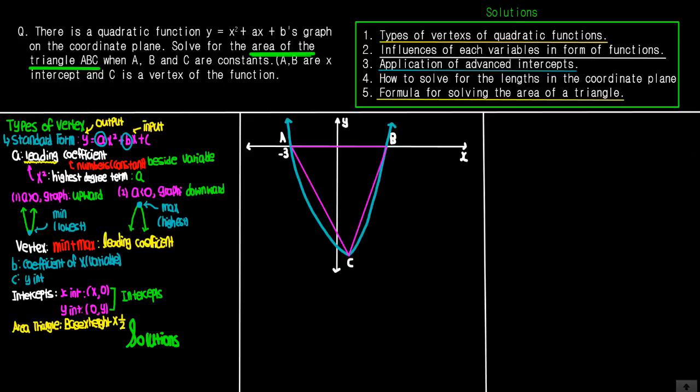Firstly, we know that this quadratic function opens upward, and it contains a minimum point as the vertex. And that means the a value, whatever it is, will be a positive value. So from here we can know one thing, that A and B are the x-intercepts.